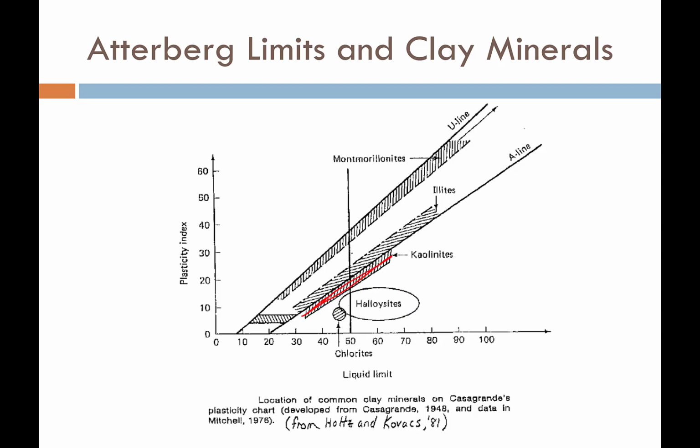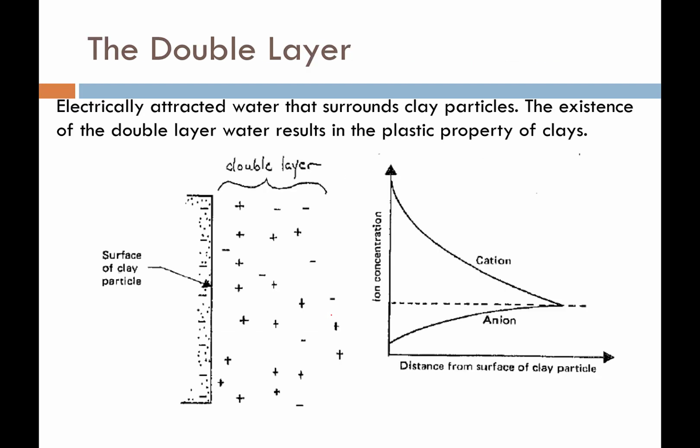Kaolinites kind of hang out in this region right here below the A line. Illites are right above the A line usually, okay? And montmorillonites, they're usually way up here, up by the U line. And then we have chlorites. Chlorites can kind of hang out right here. And so on and so forth. So you can kind of see how different minerals hang out in different areas on Casagrande's plasticity chart.